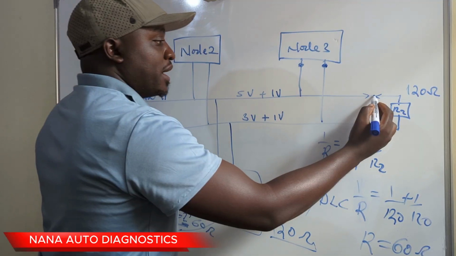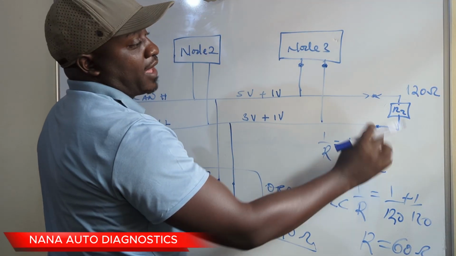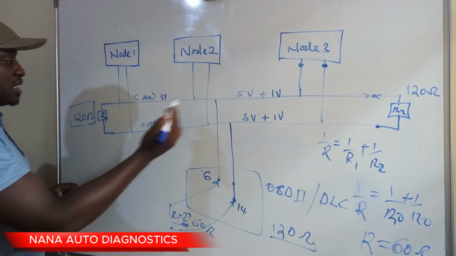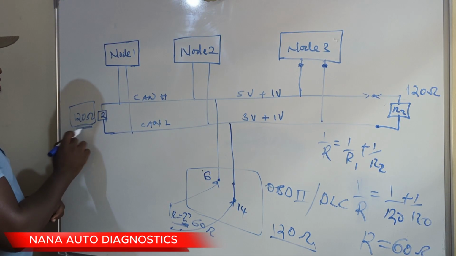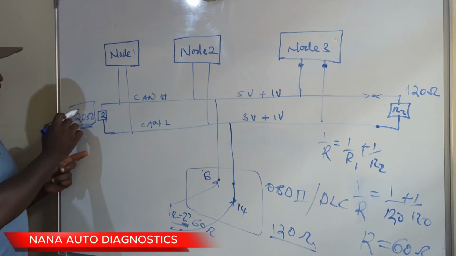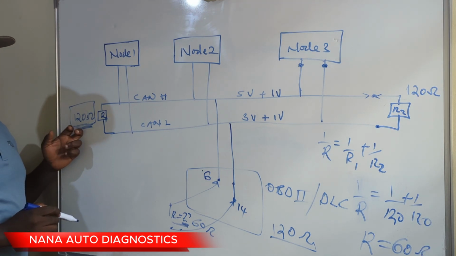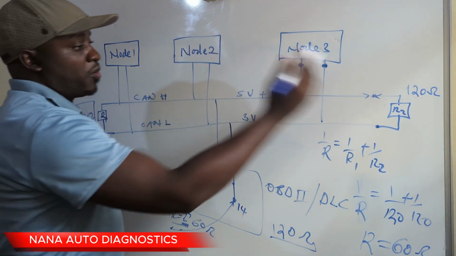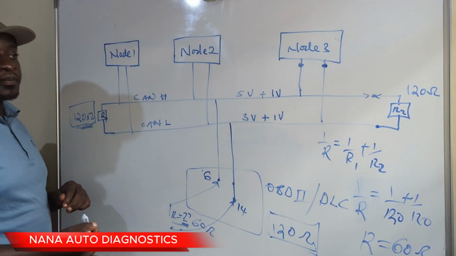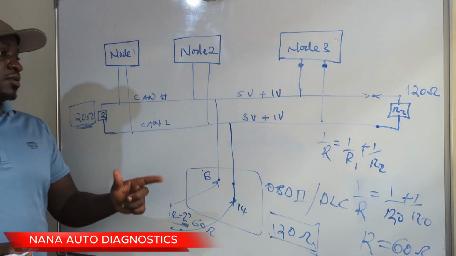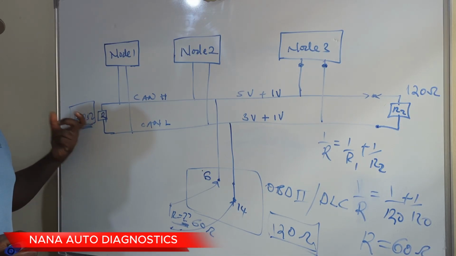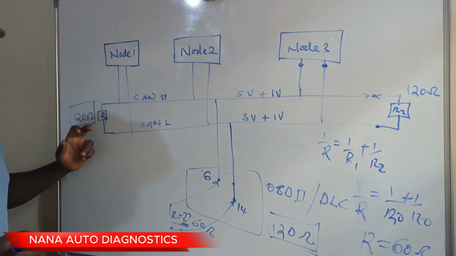Either we may be having an open on that exact module, or if it is unplugged, we shall be only reading one resistance value. So we shall be recording only 120 ohms. So it can either be this one or that one. So whenever you encounter a 120 ohm reading on the CAN bus, just know that one of the terminating resistors or the module containing that resistor is missing.